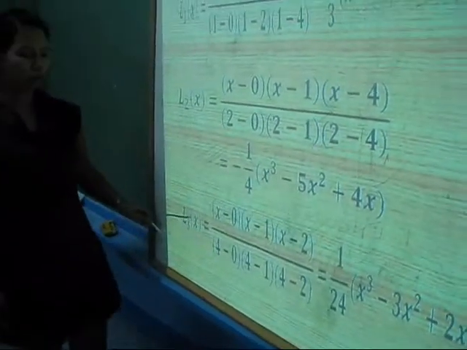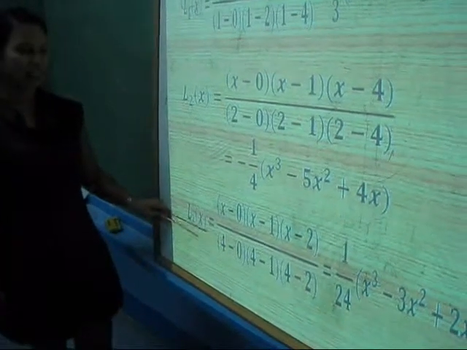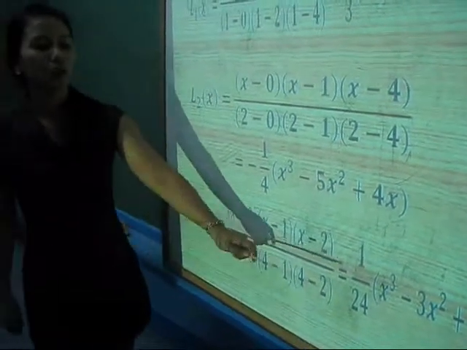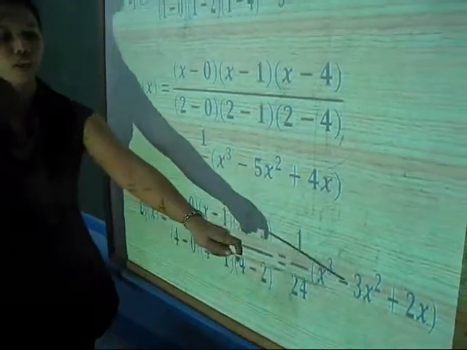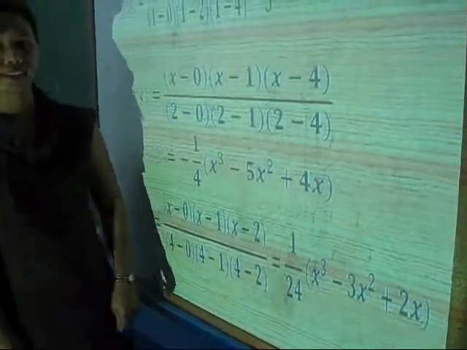And then L sub 3 of x would be equal to 1/24 multiplied by x cubed minus 3x squared plus 2x.